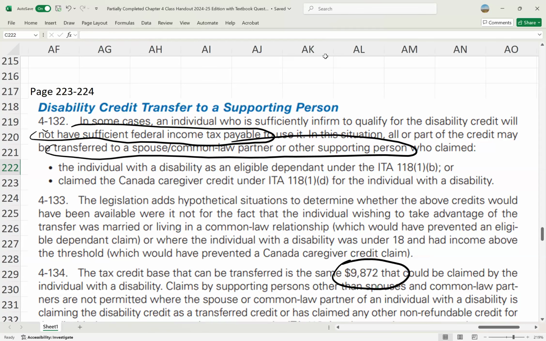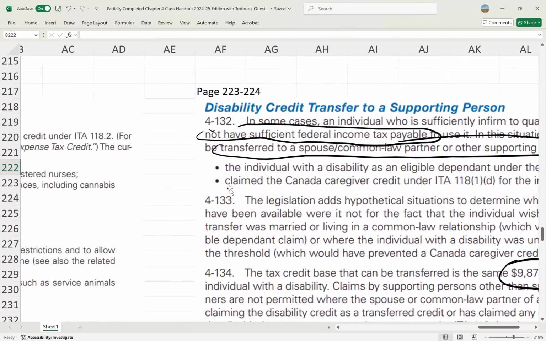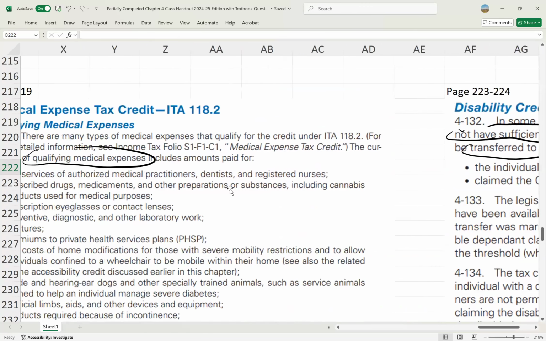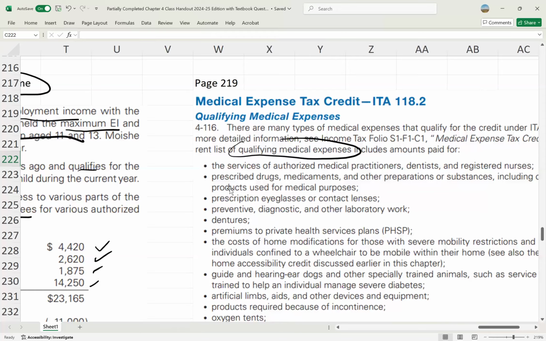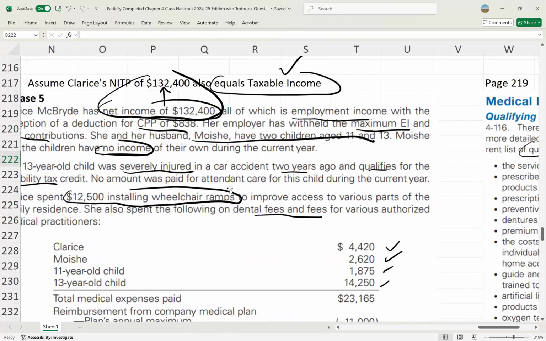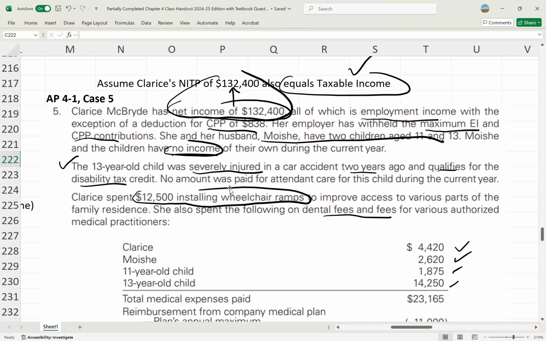That supplemental amount, 5,758, can also be transferred to a supporting person as long as the disabled individual does not need the tax credits, him or herself. So that's what we're going to be using when we figure out Clarice's non-refundable tax credits. Any questions about the facts of the case first?